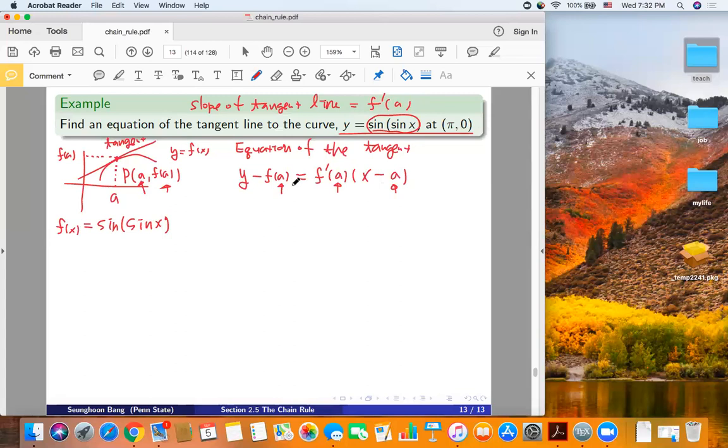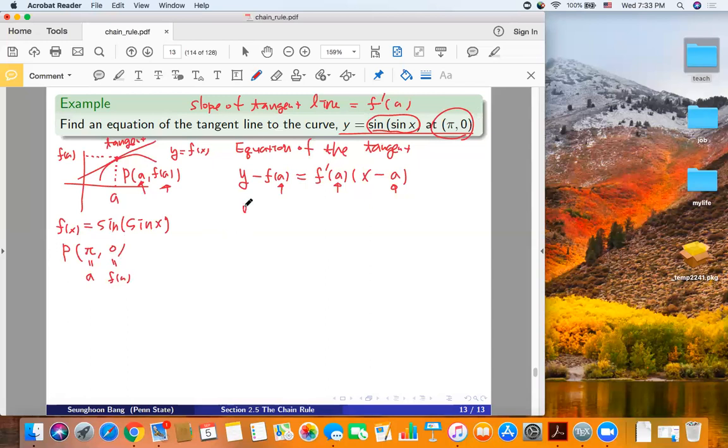Do you know a? Pi, yes, pi. So in this case the point P is given here, (pi, 0). This pi is a, and 0 is f of a.